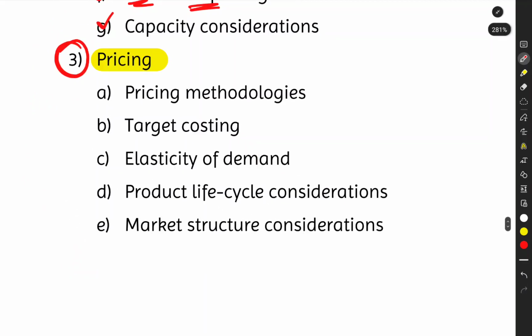Then talking about pricing. Pricing is one of the most critical areas for the success of an organization. I can call that a KPI also, key performance indicator. Because if I ask a typical middle class Indian, before going to a restaurant, how would you pick a restaurant?